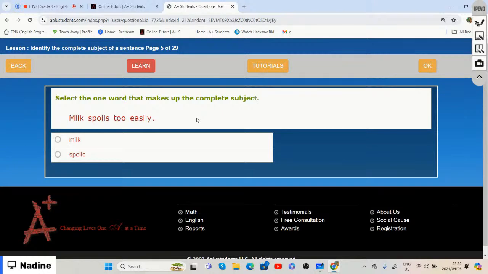All right. Milk spoils too easily. Is it milk or spoils? We need to ask ourselves what spoils too easily.